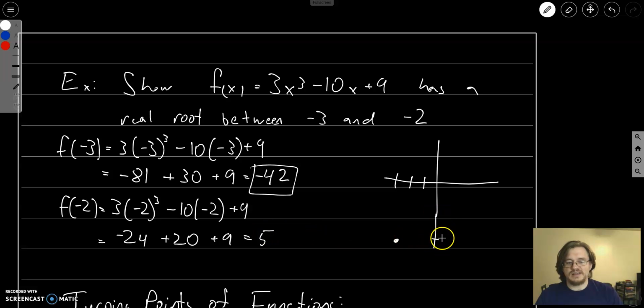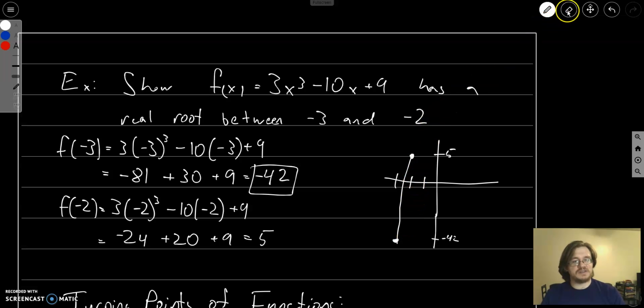So even though down here we're at -42, up here at 5, this is going to be f at -2. So in order to get from here to here, I've got to cross the x-axis somewhere.